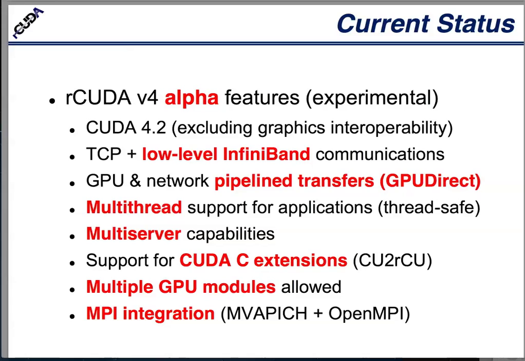It also supports the C extensions by means of the Q2RQ tool. It now allows multiple GPU modules, and it has some kind of MPI integration, as it automatically spreads the different tasks of MPI across the different GPUs.